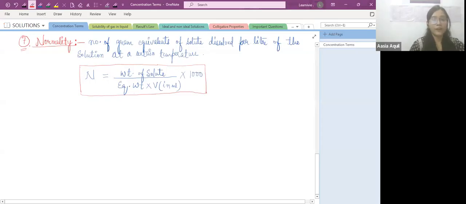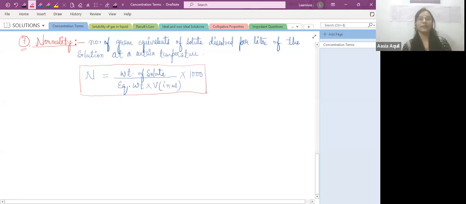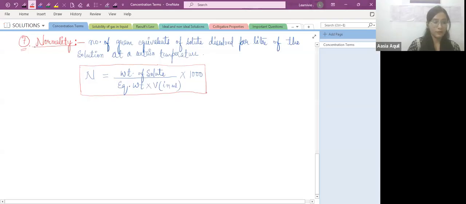But if I ask you, what is the difference between molecular weight and equivalent weight? Anyone? The molecular weight, you are all aware of.